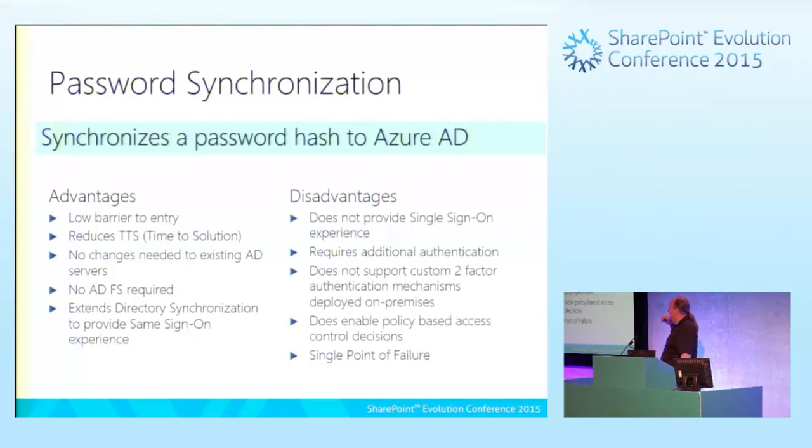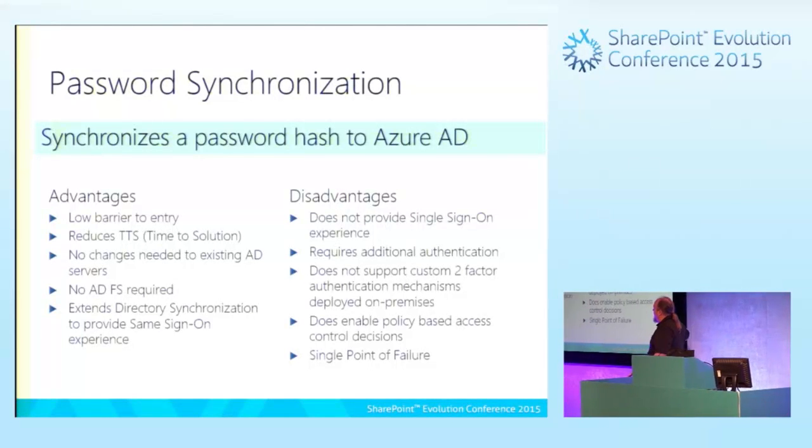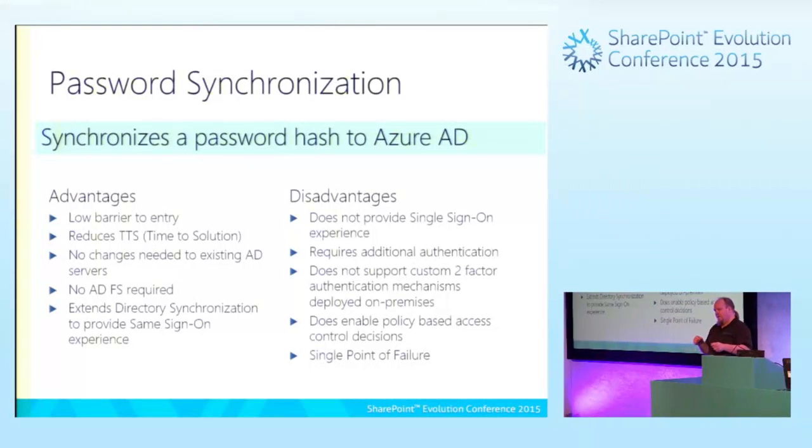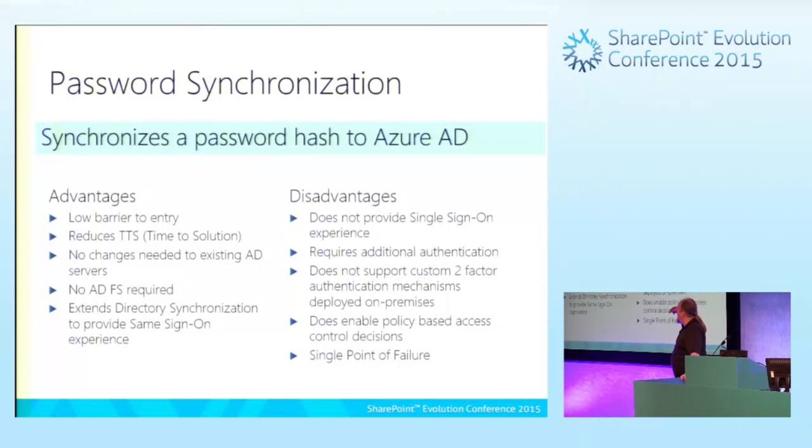So you don't get single sign-on in that sense, but what we call same sign-on, meaning you have the same password in the cloud that you have on-premises. The way this is implemented is that when you enable it, the directory synchronization machine registers itself for password changes so that it gets notifications on password changes.